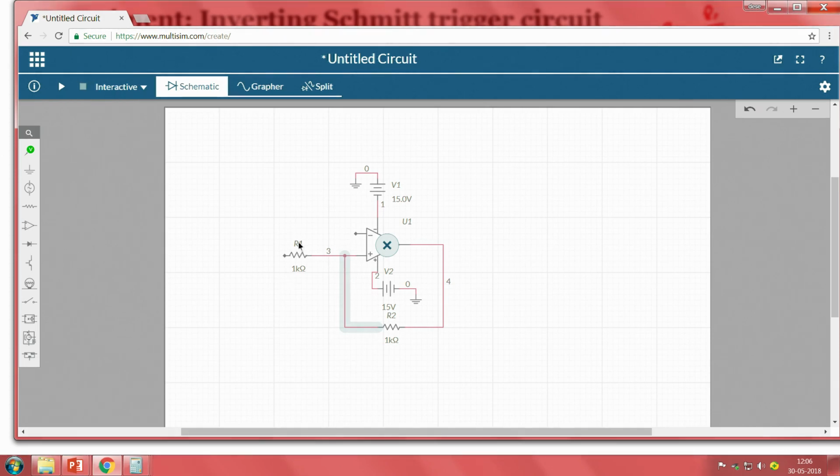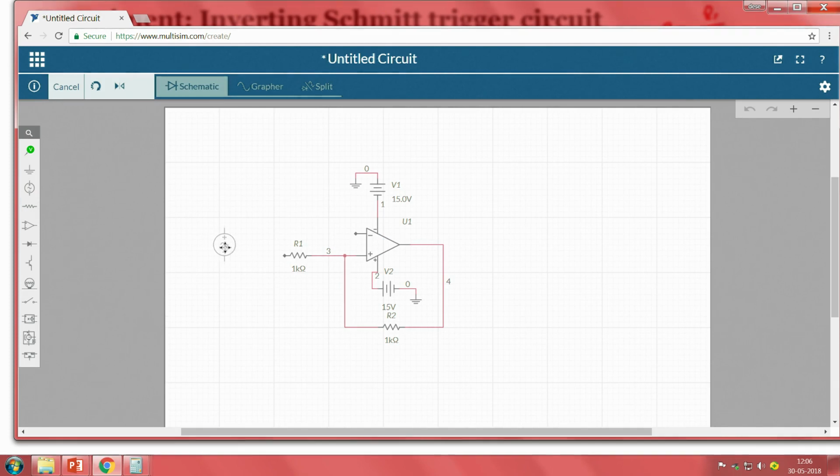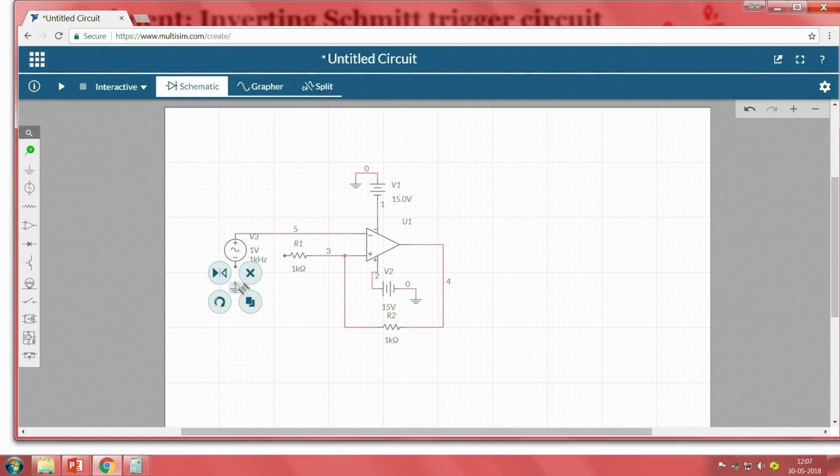And where is the input to be connected? Since it is an inverting Schmitt trigger, the input should always be connected to the negative terminal, right. So, I am connecting the input to the negative terminal and the other terminal of the source should be grounded.